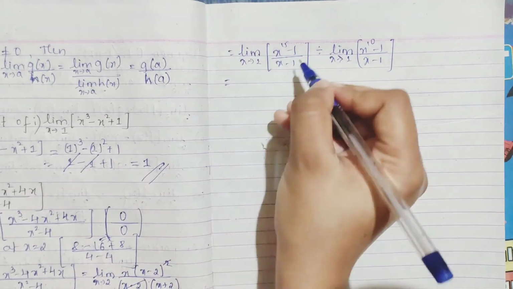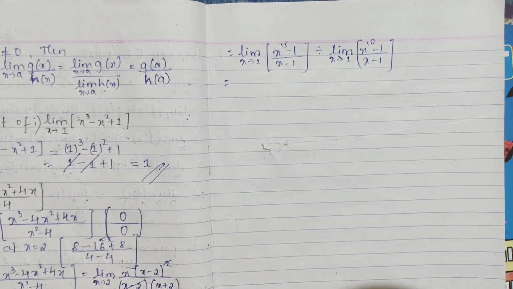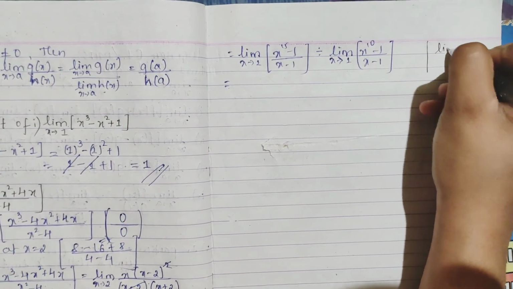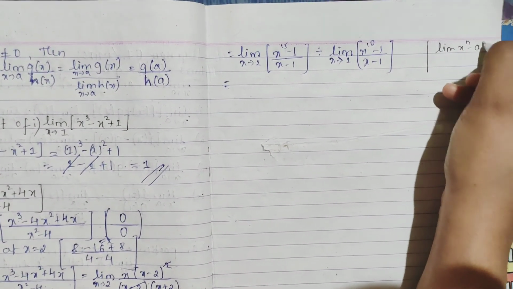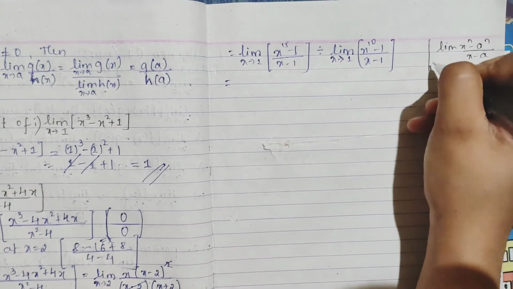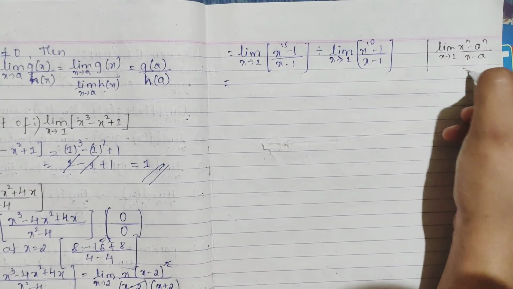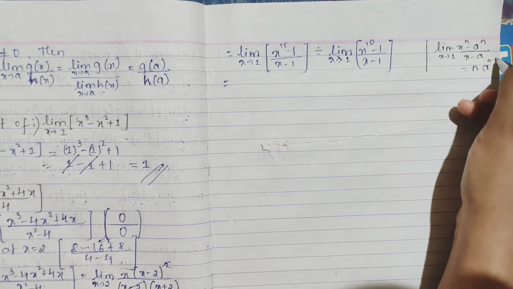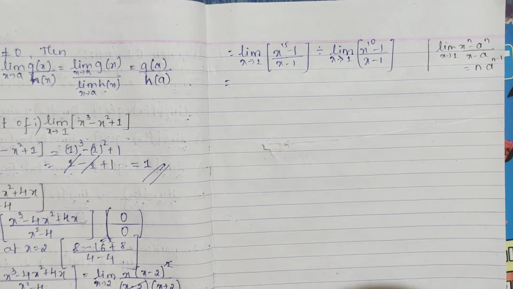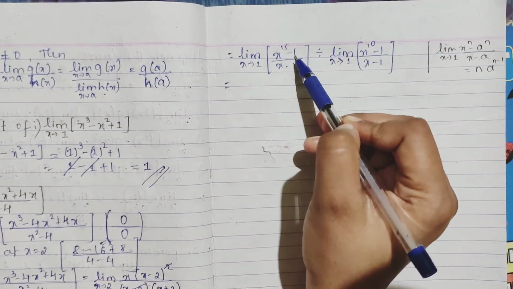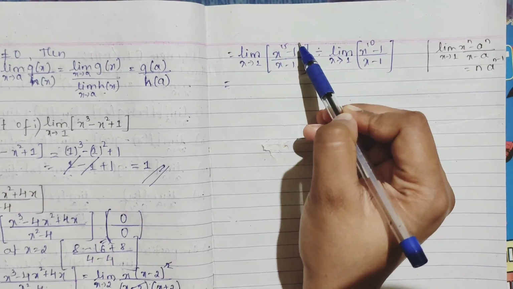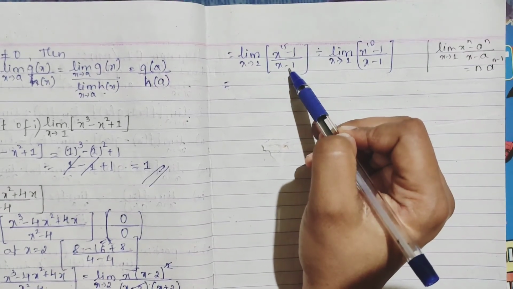Okay. Now this is in the form of your theorem. What does your theorem tell? Limit of (x raised to n minus a raised to n) divided by (x minus a) as x tends to a is equal to what? n a raised to n minus 1. So here you see x raised to 15, 1 raised to 15 only, x minus 1, right?